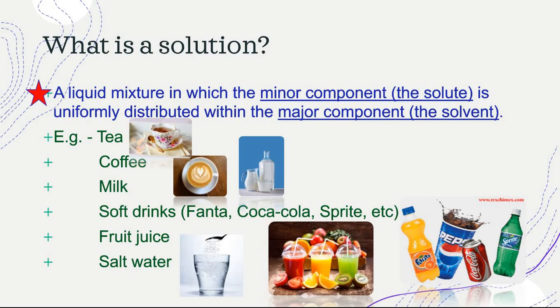So here the water again acts as the solvent because you add water in large amounts and the other substances in small amounts. Milk powder you add in small amounts, some water in high amounts. So here also it's the same. Soft drinks, you get colorings, flavorants and various other substances in small amounts and water in higher amounts. Fruit juice, salt water, it's the same.